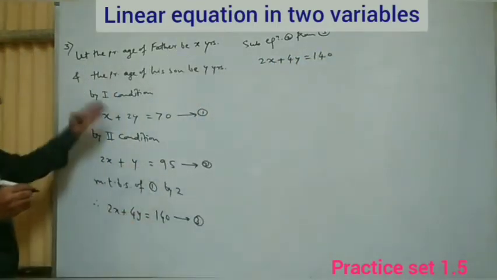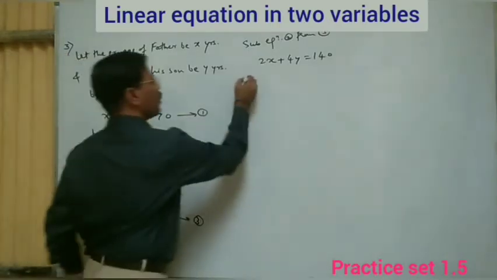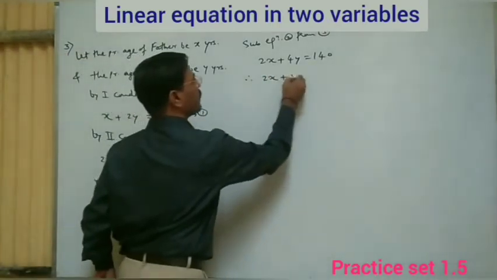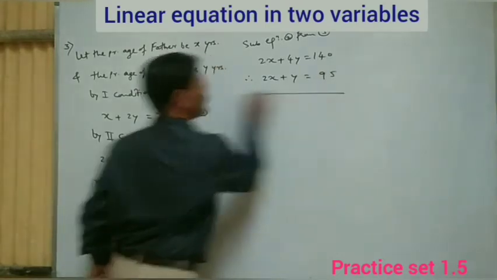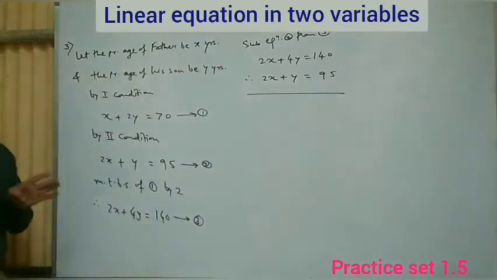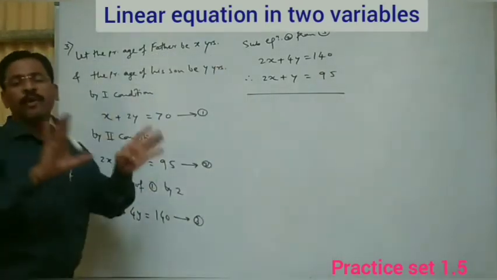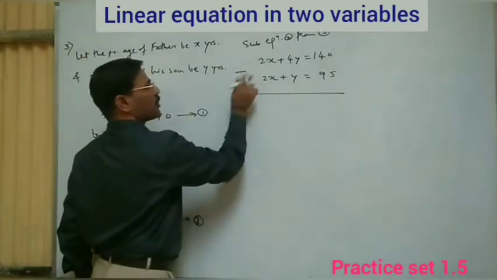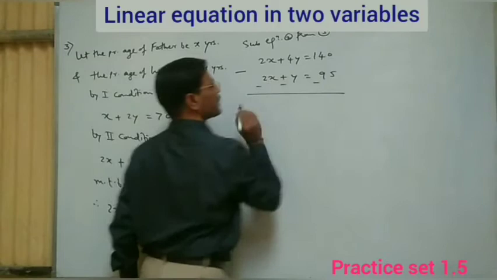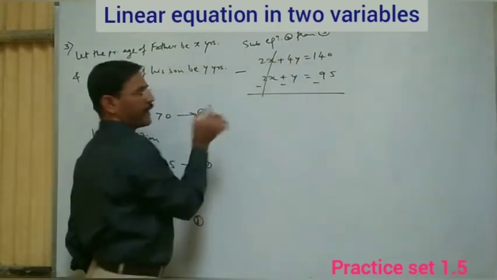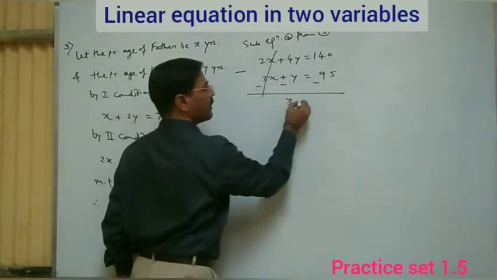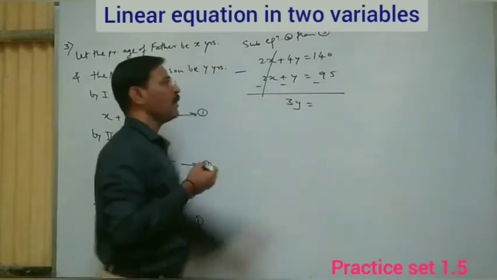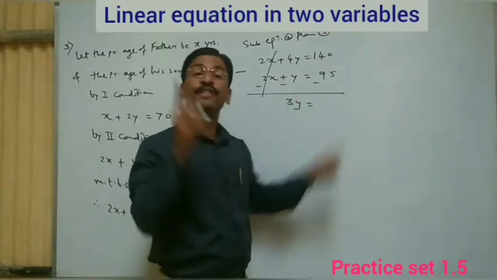From this, we subtract the second one. Make it very easily, carefully. Subtraction means change the signs, getting cancelled here. This is 3y, and that side how much? Tell me. 140 minus 95, which is 45.